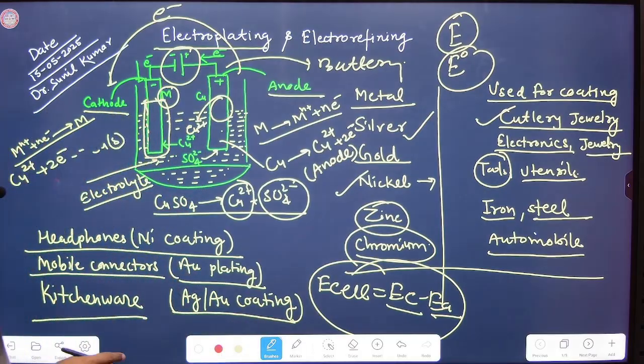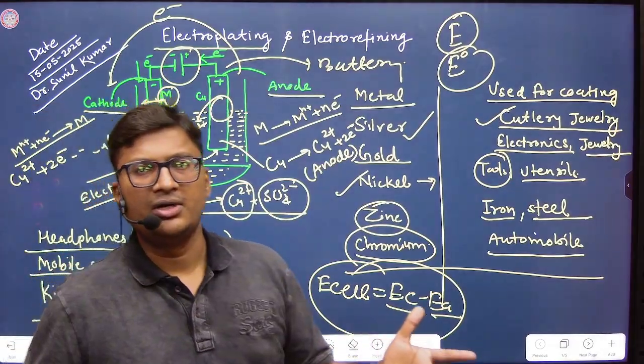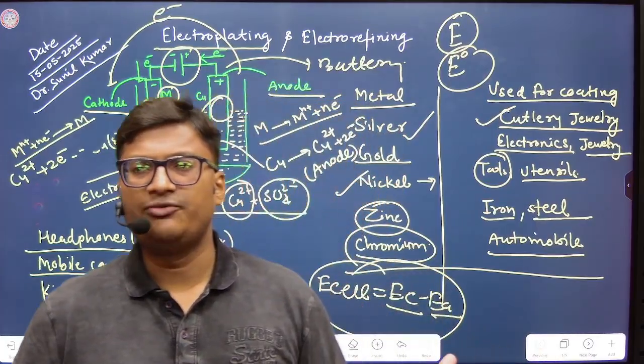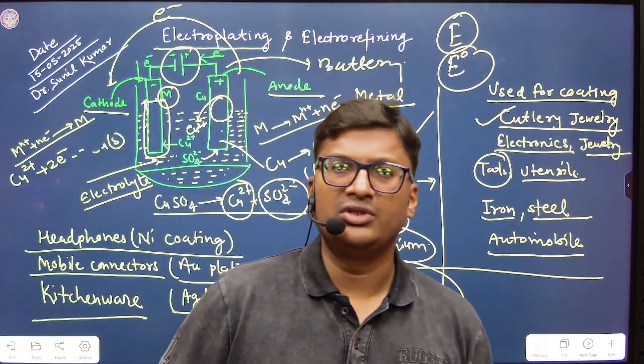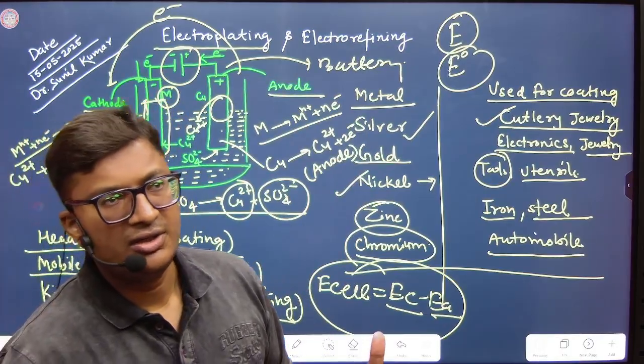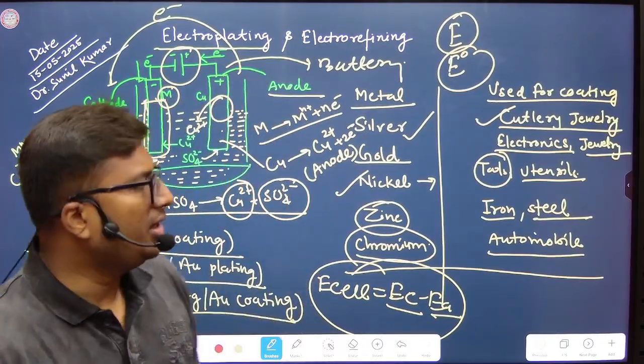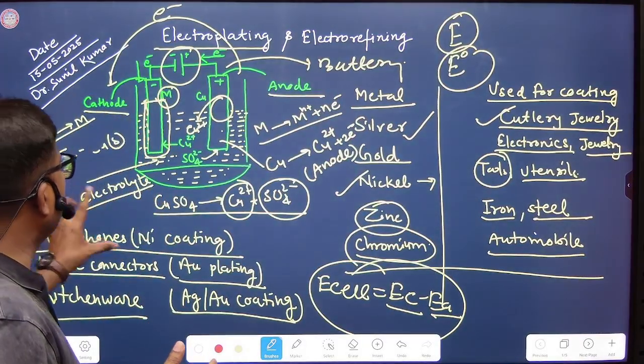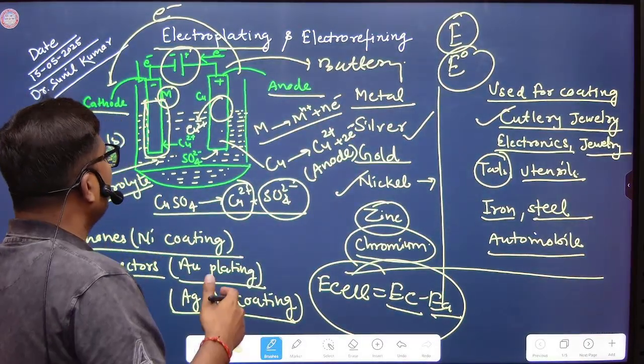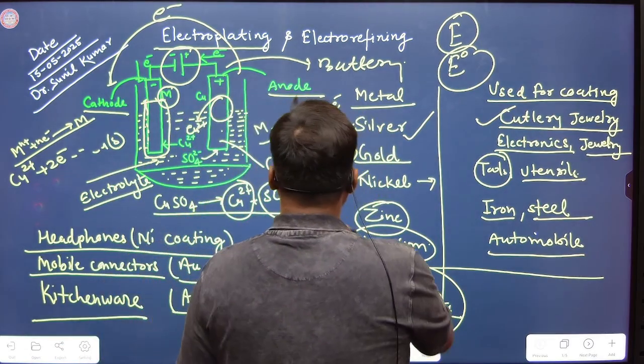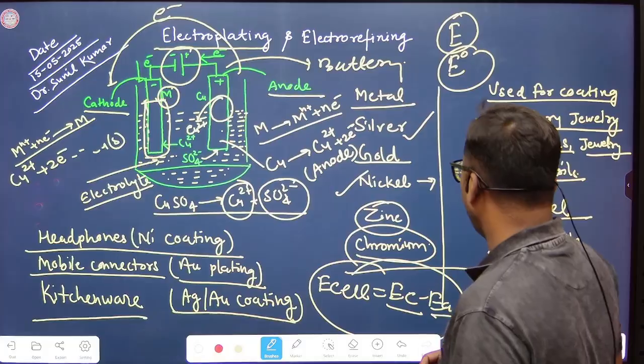So everywhere coating is important, and coating in the sense is in the form of a thin film. Thin films have enhanced properties, right? So this is the process by which we can explain electroplating, right?